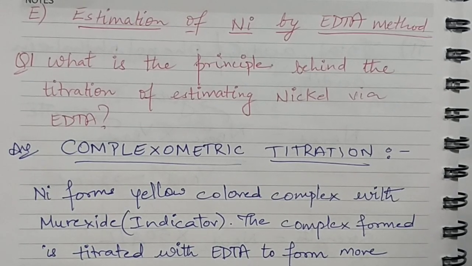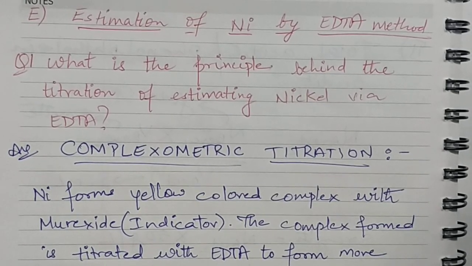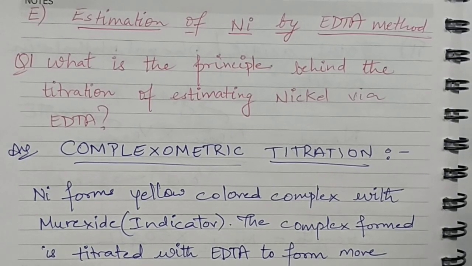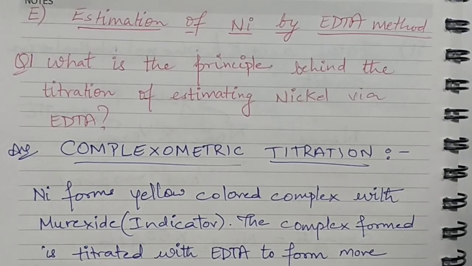There we used EDTA solution to titrate and know the hardness of the solution in which calcium and magnesium ions are present. Here we are estimating nickel by the same method. So EDTA basically interacts with the metal ion in the same way as it was interacting in that experiment, but the indicator used here is a little different.